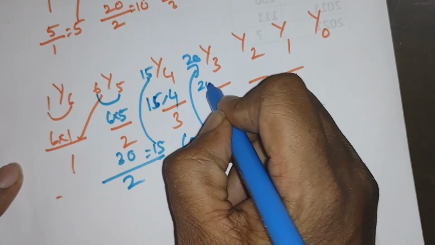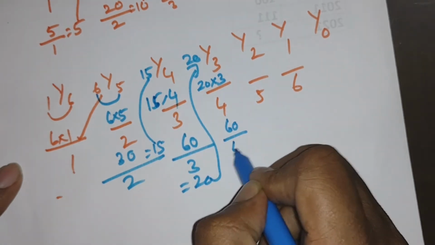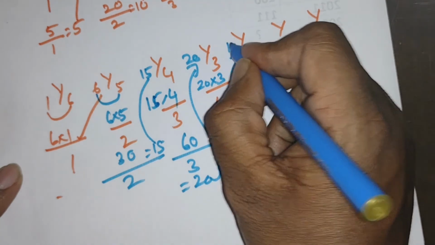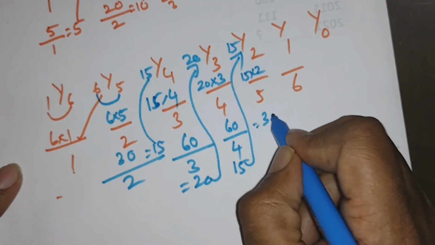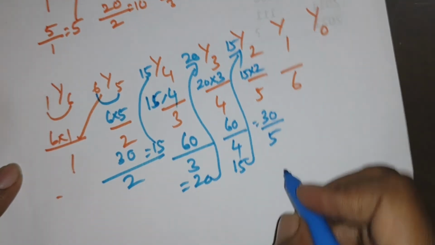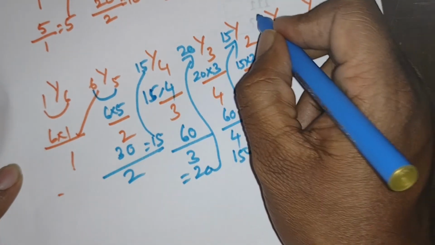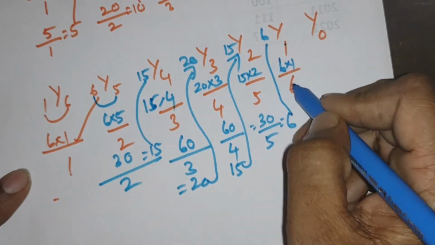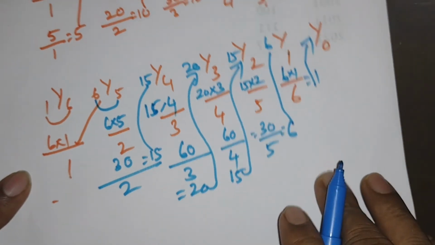Next, 20 into 3 we get 60. 60 divided by 4 I get 15. That 15 will appear here. Next, 15 into 2, 30 divided by 5. 30 divided by 5 you get 6. That 6 will appear here. Then 6 ones are 6. 6 divided by 6 is equal to 1. That 1 is going to appear here.